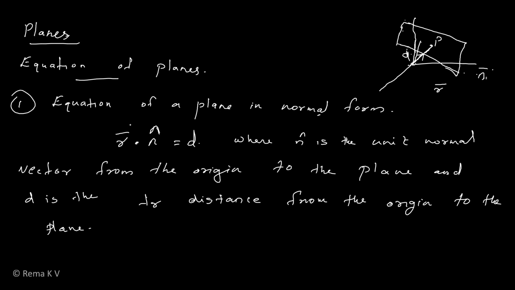So this is the vector form of the equation of a plane with the unit normal vector as n cap and the perpendicular distance as D.